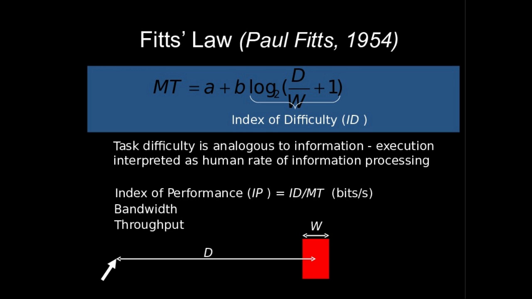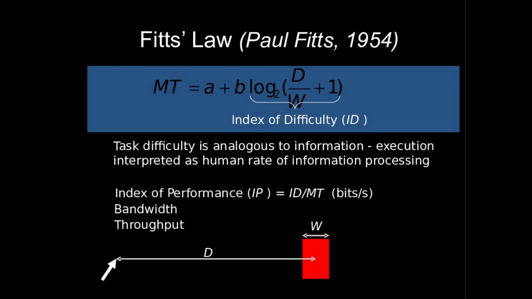So the movement time is directly proportional to the index of difficulty. As the width of the icon increases, the index of difficulty decreases logarithmically, and as the distance to reach the target increases, the index of difficulty increases.